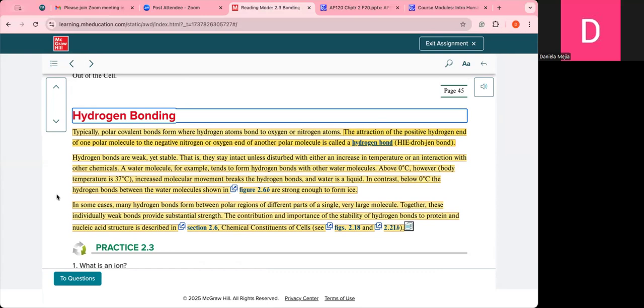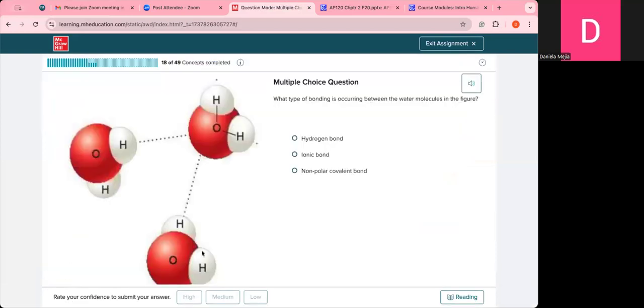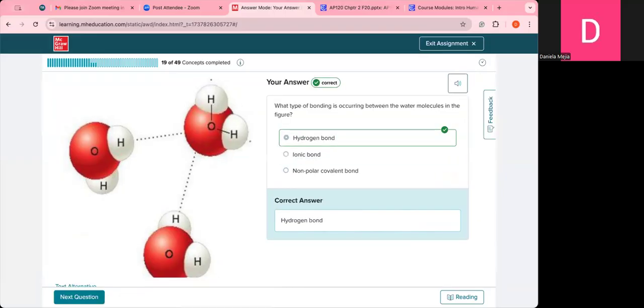Above 0 degrees, however, body temperature is 37, increased molecular movement breaks the hydrogen bonds in water as a liquid. The bonds between water molecules are hydrogen bonds, okay? Good job.